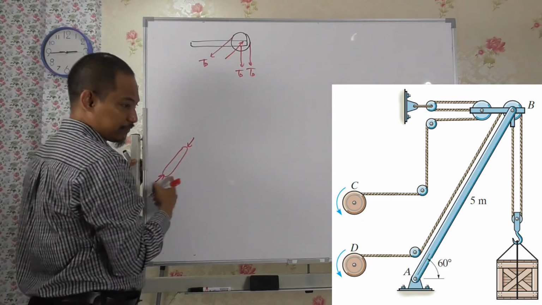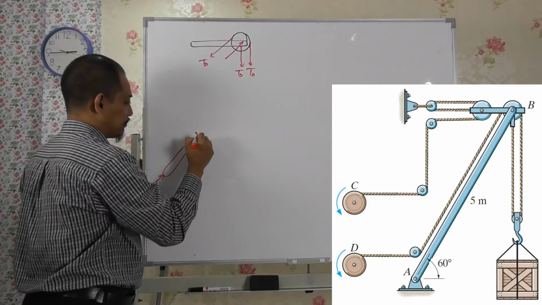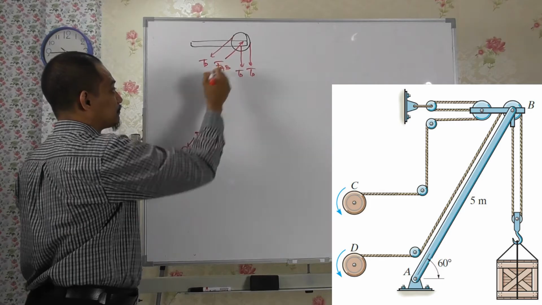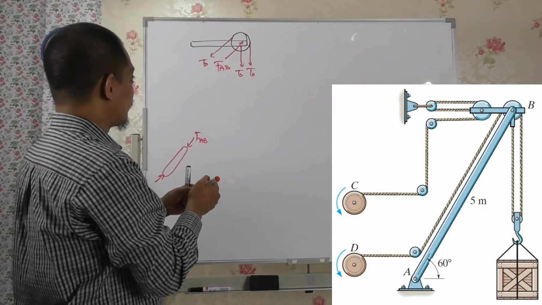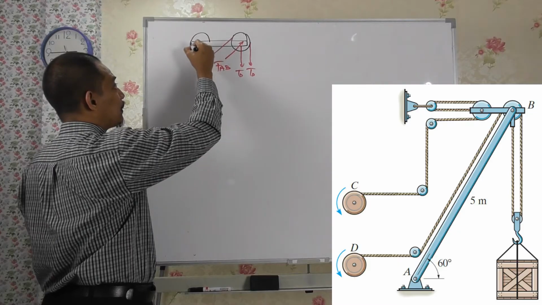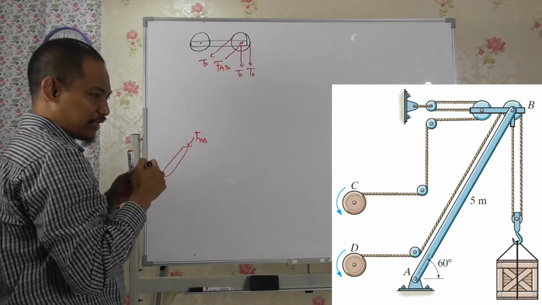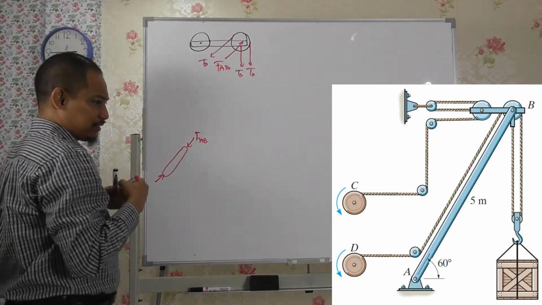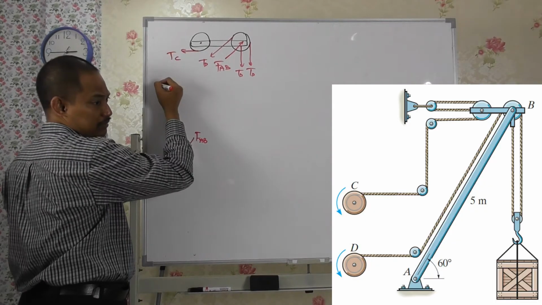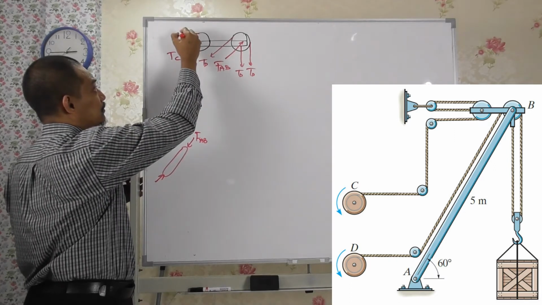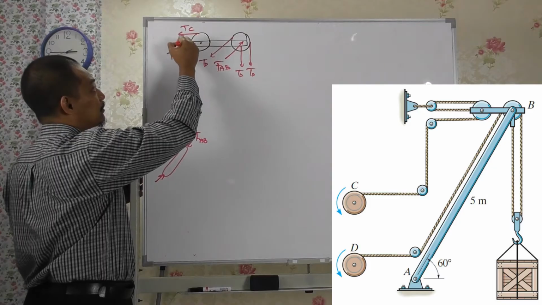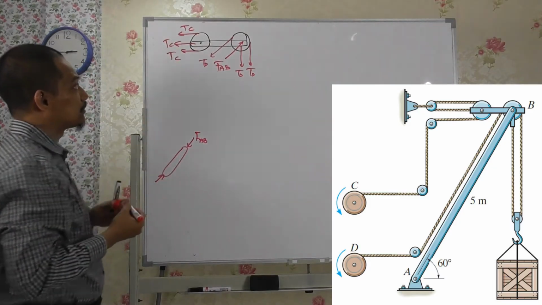This is F, what is this? Well, we call it FAB. So this is FAB. Then you have another wheel here, another pulley, and then you have several cables there, and that is from C, so you'll have TC here, goes around and goes back here, TC, right?